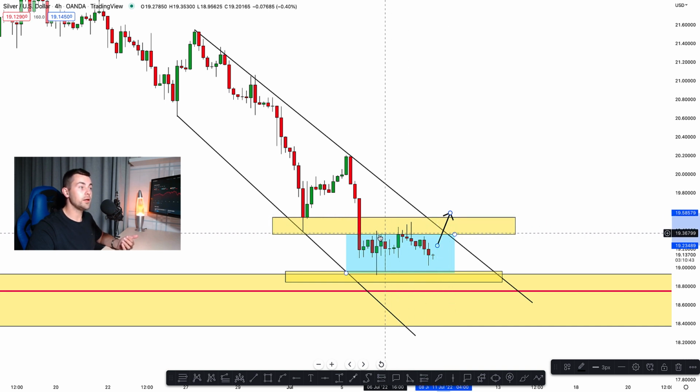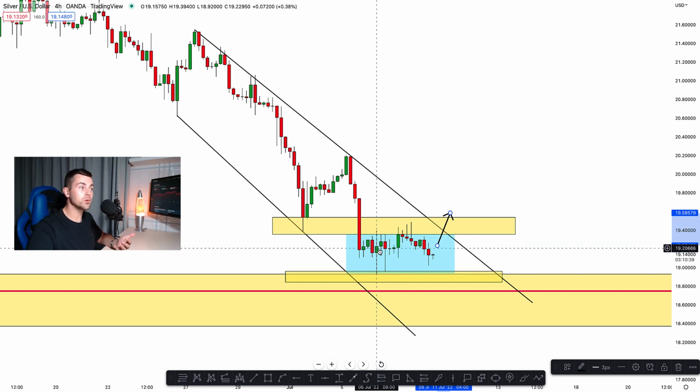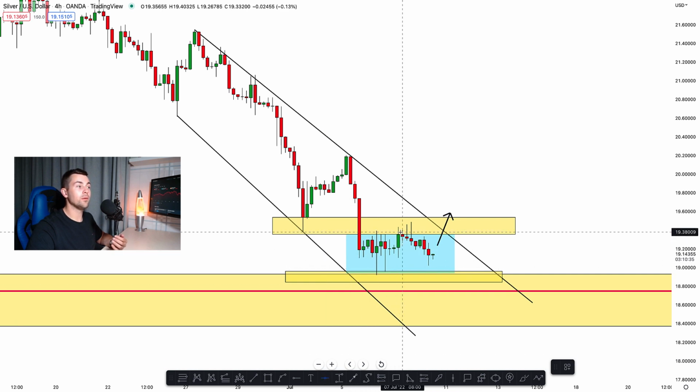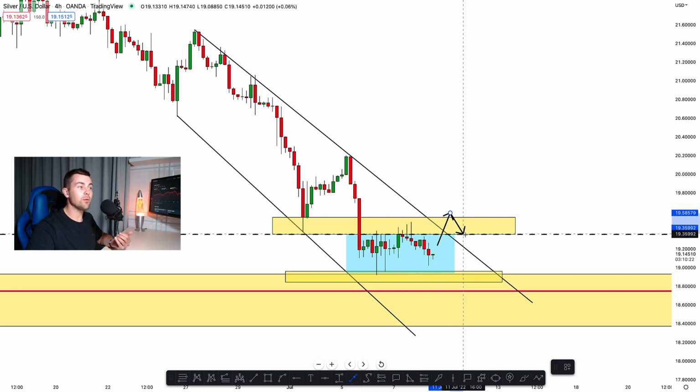For entries, when I trade bullish breakouts of horizontal structures, I tend to set my buy limit order on the level of the highest candle close within the range. Yes, here's our highest candle close. So from that level, I will buy silver. On that level, I will set my buy limit order.